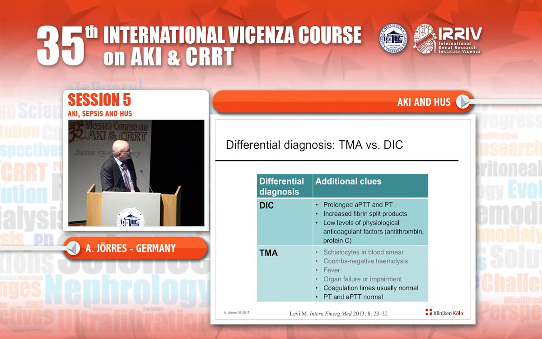Whilst in TMA, you will find schistocytes in blood smear, hemolysis signs, fever, and organ failure or impairment. But all these things I put in gray color here can also be observed in patients with DIC. But the distinguishing criterion mostly is that coagulation times are usually normal in patients with TMA, and that could serve as the primary distinguishing criterion.